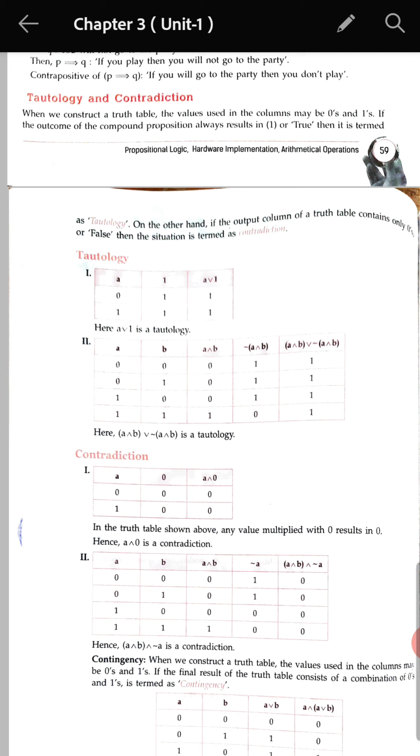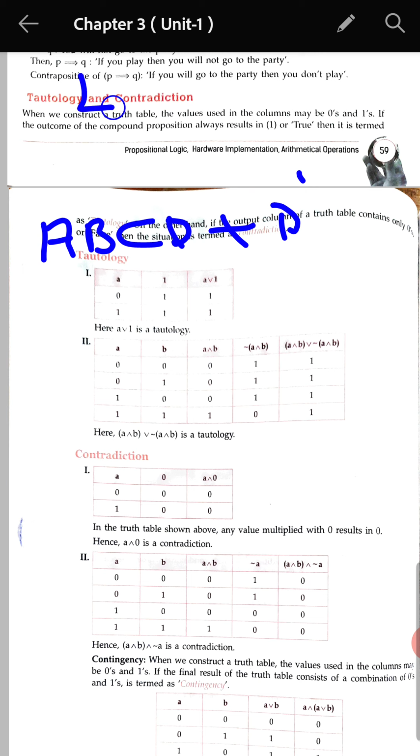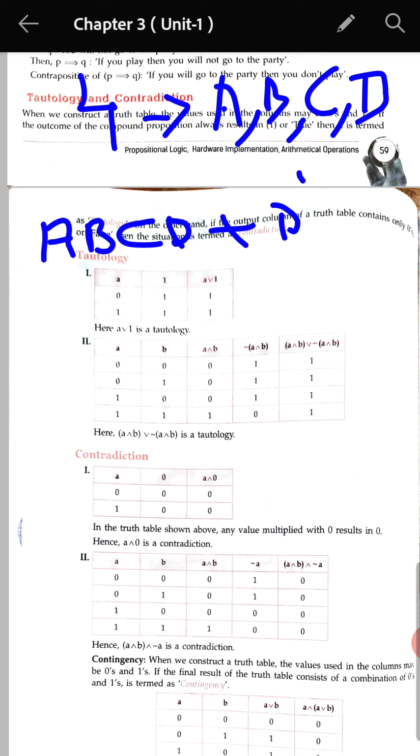If the equation in front of you contains four variables, then it is possible to create a four variable truth table also. I told you earlier, in hexadecimal, four variables, we had already created the table.